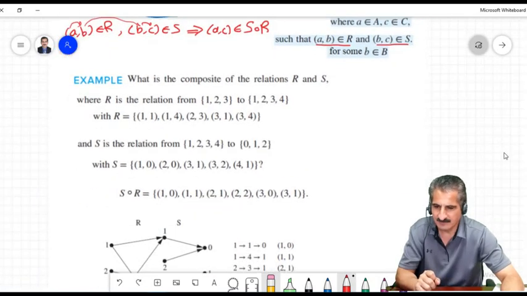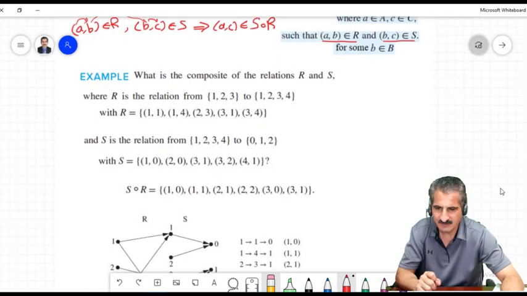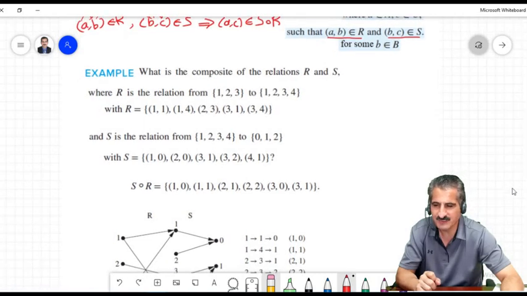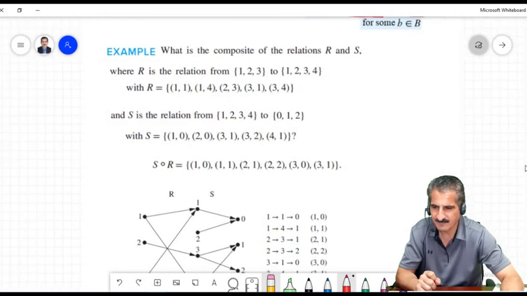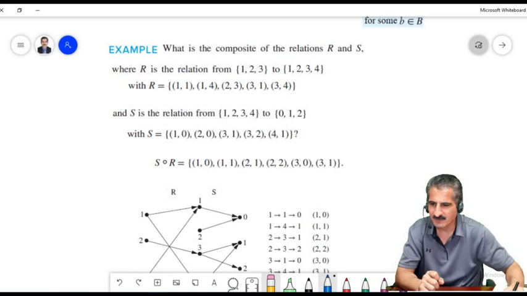Okay. An example of composition of relations. In here we will see what is the composition of R and S, where R is the relation from {1, 2, 3} to {1, 2, 3, 4}, and it is given this way.